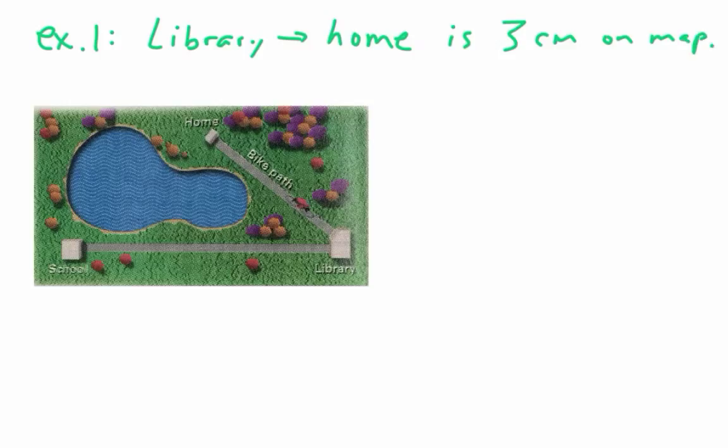So we'll say example 1. Instead of trying to draw the whole picture, I'm going to say library to home is 3 centimeters on the map. And then the question is going to be how long to get home.